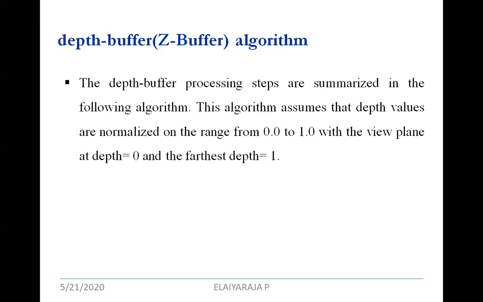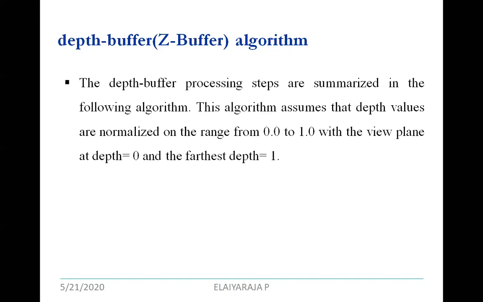The algorithm assumes that depth values are normalized in the range from 0.0 to 1.0, with the viewing plane at depth value equal to 0 on one side of the plane, and the deepest depth value equal to 1 on the other side of the plane.